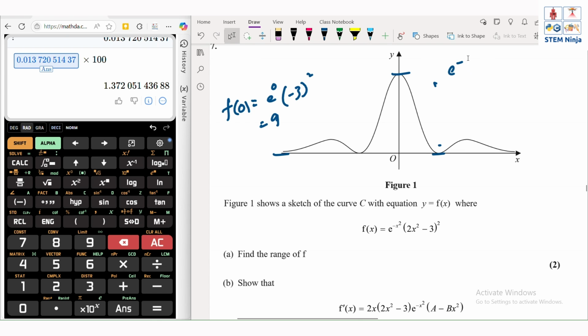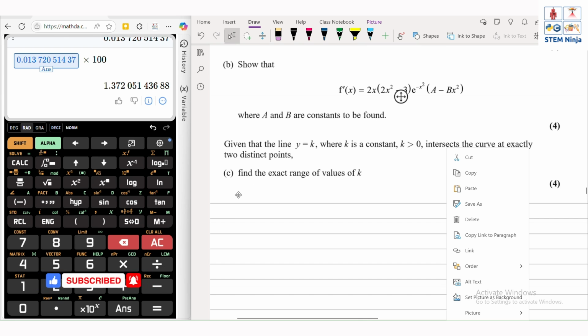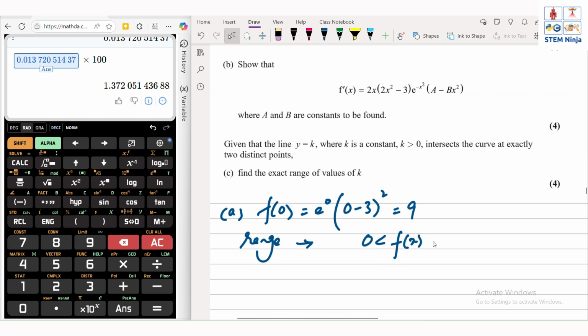Because although e raised to power minus x squared will never reach 0 by itself, the (2x squared minus 3) squared also will go to 0, because this is what these roots represent. So f of 0 is e raised to power 0 times minus 3 whole squared, which is 9. So range is 0 to 9, 0 is included, and 9 is included.